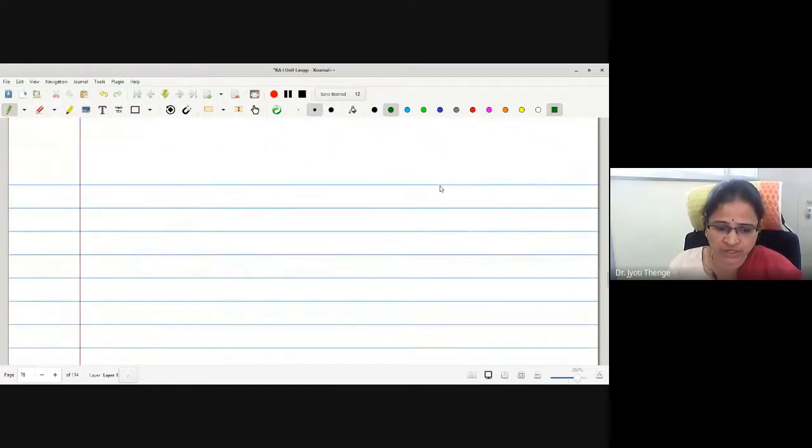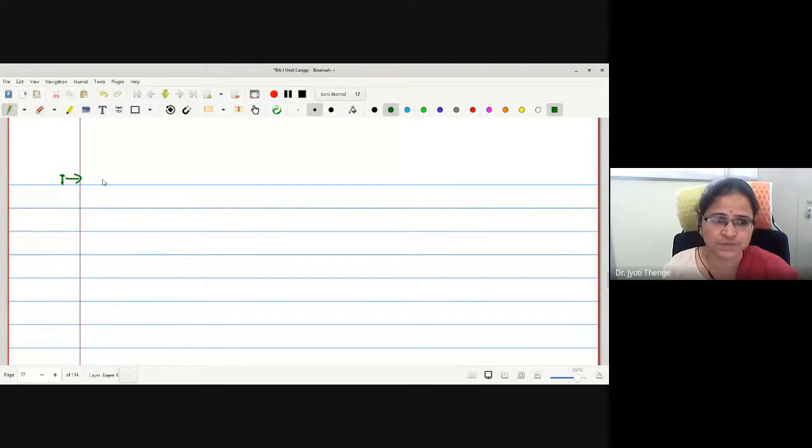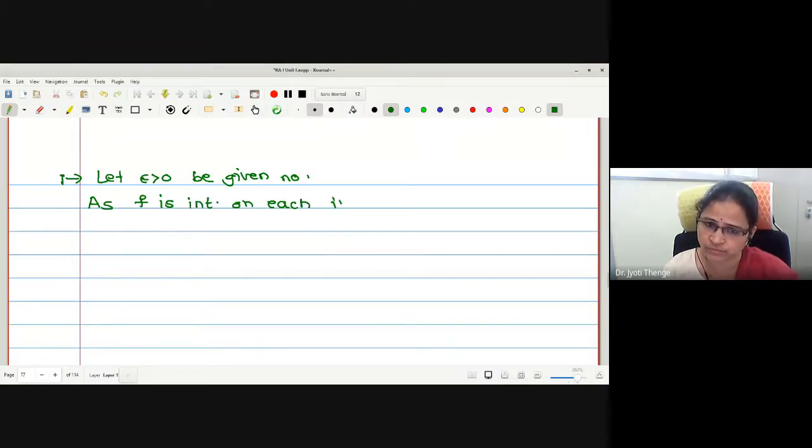Let me go for writing the definition. For this, let me select some epsilon. Let epsilon greater than 0 be a given number. Okay. As f is integrable on each interval AC, CB and AB, what we were saying, there exists delta greater than 0, right?